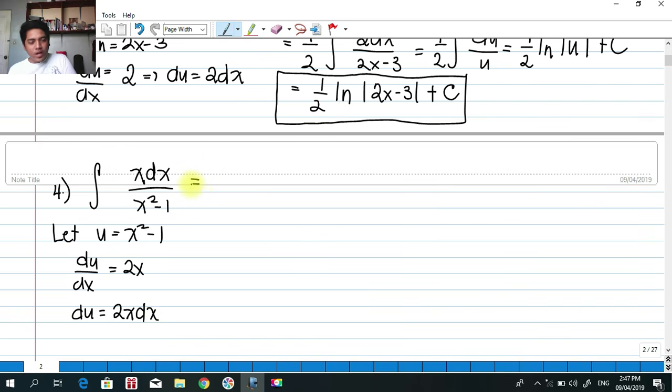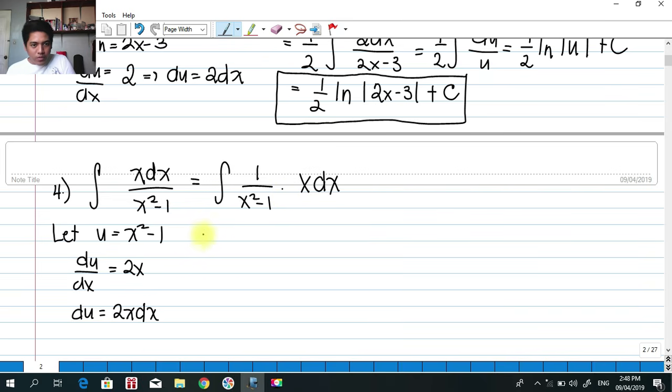So for this integral, we can simply write this as the integral of 1 over x squared minus 1 times x dx, not 2x. Okay, so we have at least x dx. So we can apply the u substitution.